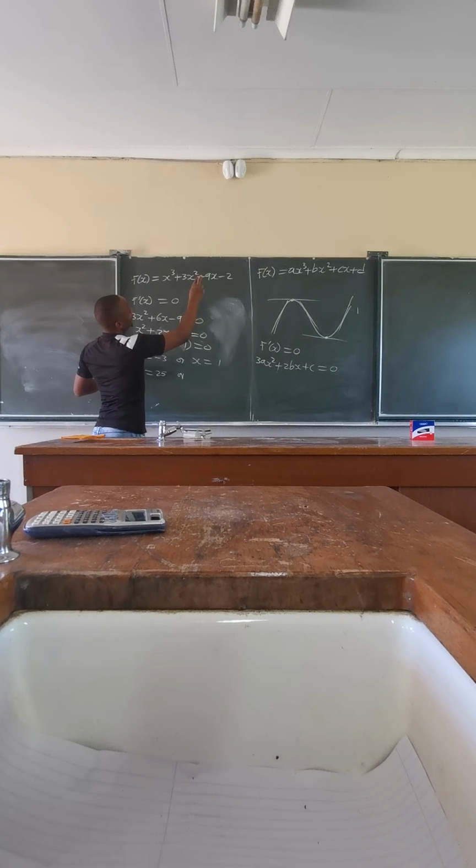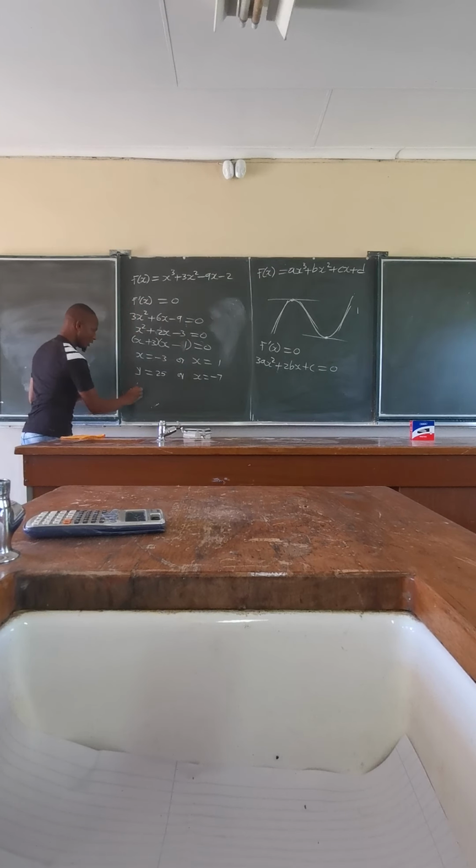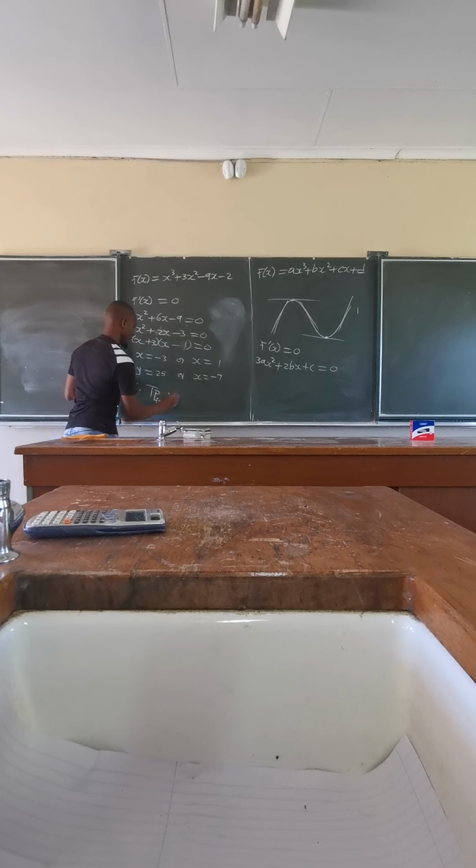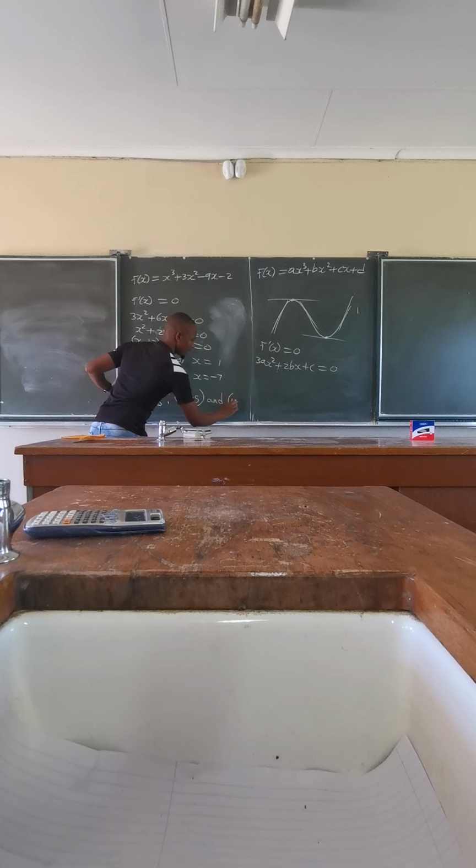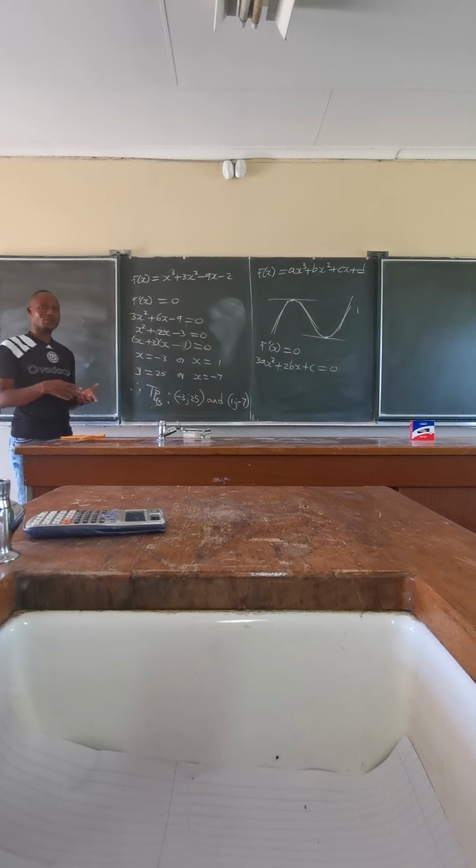Negative 5 minus 2 is negative 7. So your turning points will be negative 3 and 25, and 1 and negative 7. Those are the coordinates of the turning points.